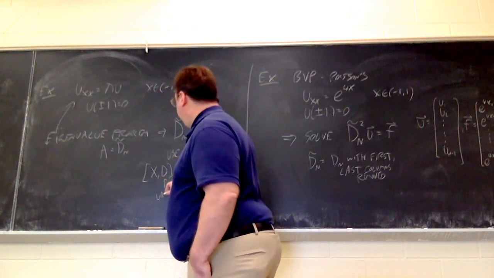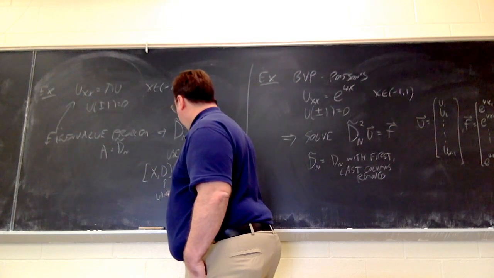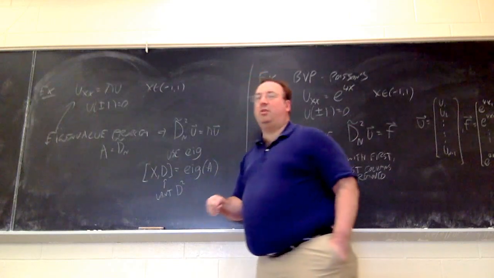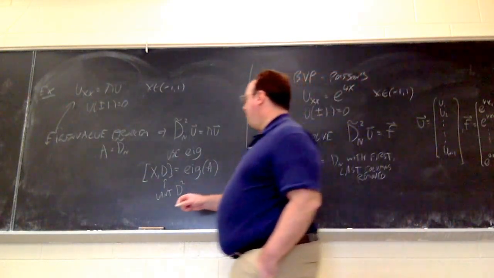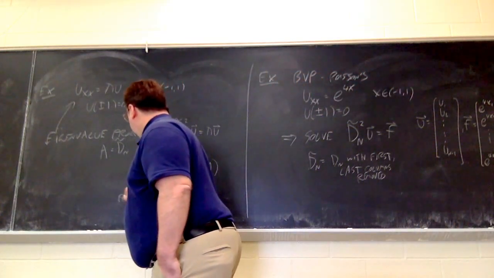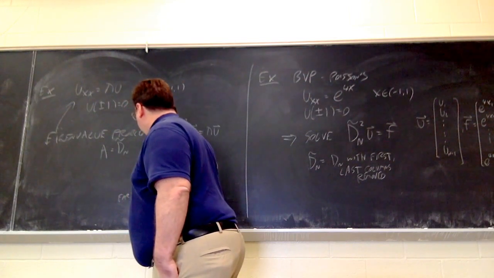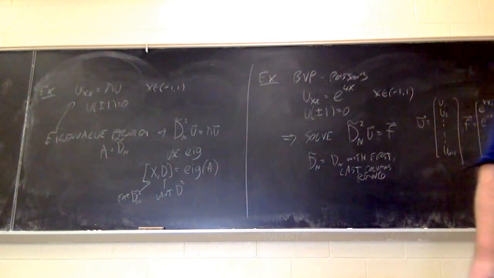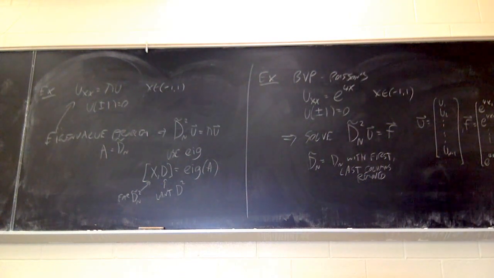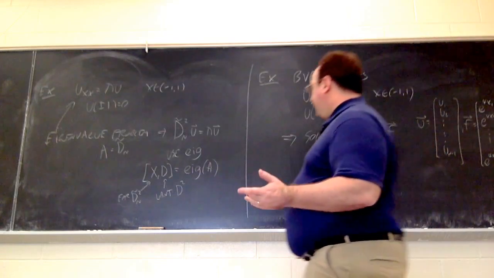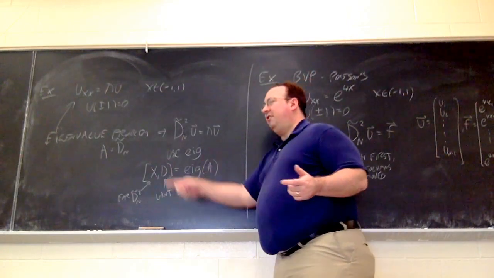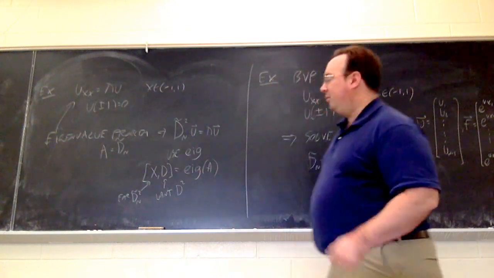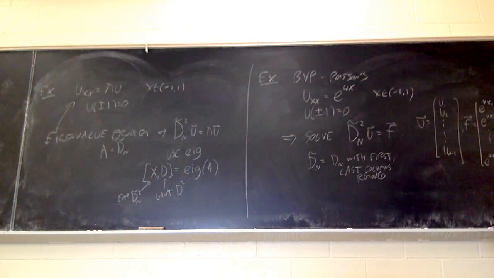Now, D is a diagonal matrix of the eigenvalues of A. I want D squared, but I can just go ahead and square them. The eigenvectors that I get are also the eigenvectors of dn tilde squared. So I can either form dn tilde squared and feed that in here and get my answer directly, or I can just feed this in and remember to square the eigenvalues afterwards. Really just squaring the diagonal elements.